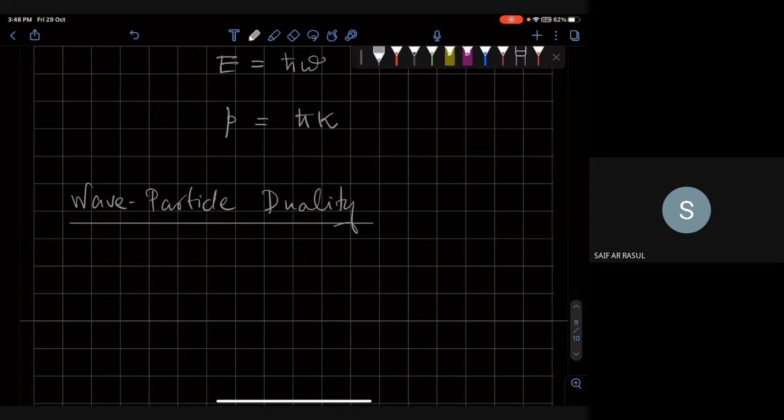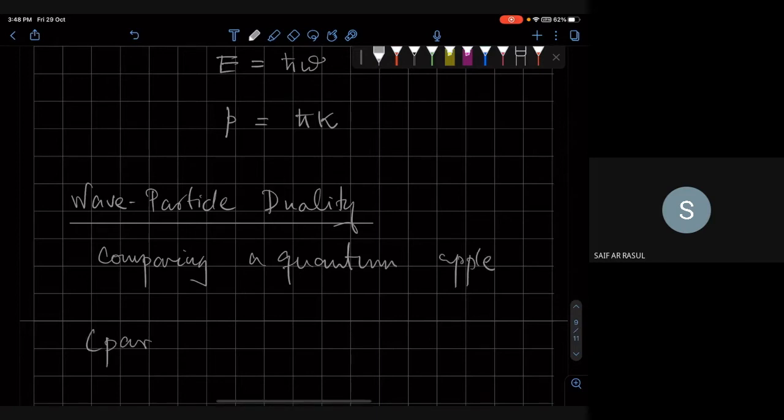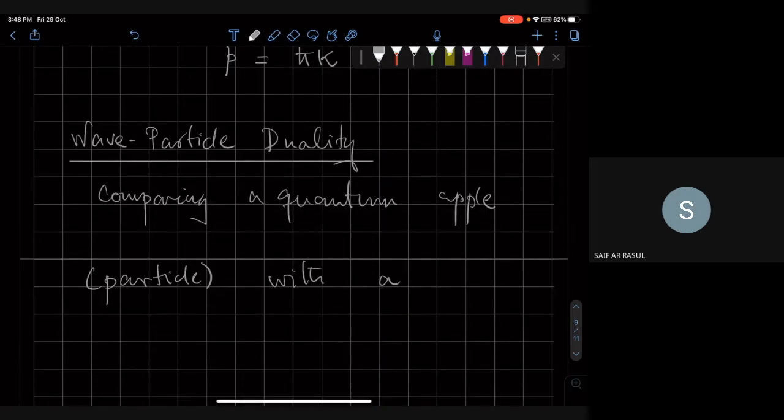Okay, so note that you might say that, oh, we are comparing, say, a quantum apple that is a particle, with a classical orange, right, which is electromagnetic waves.